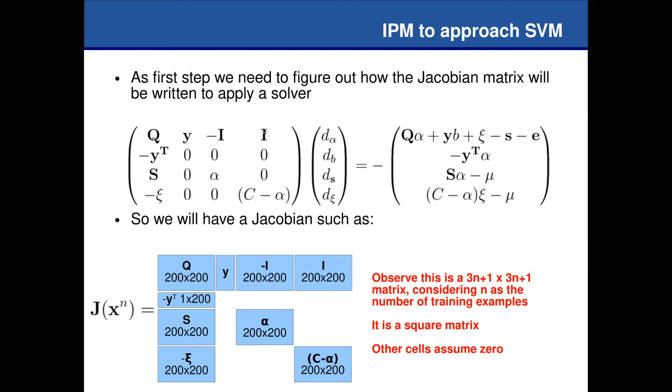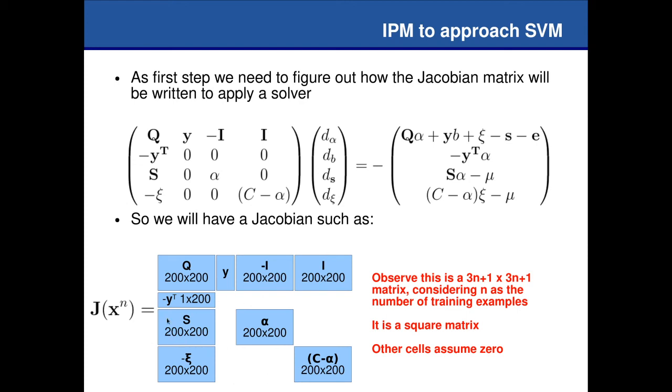This is identity matrix 200 by 200. You guys may ask, why 200 by 200 here, here, and here? I'm going to tell you in just a few moments, please. My vector minus y is transposed. That's why it happens like this in a row, okay? All the other elements here are zeros.